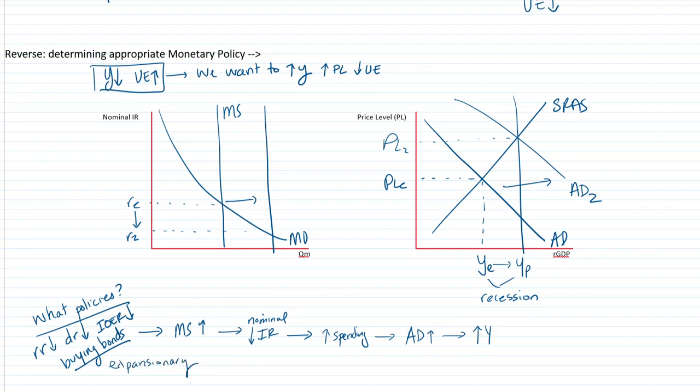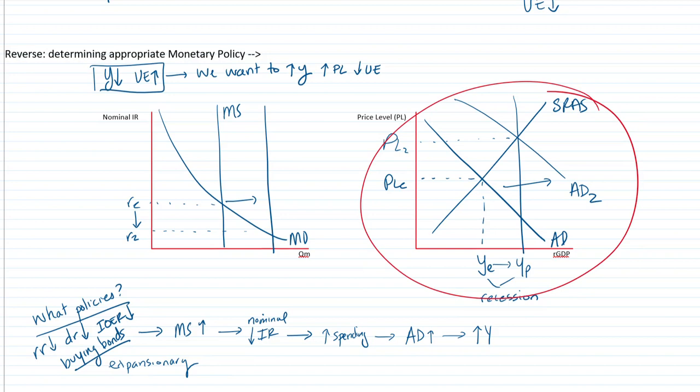And so sometimes our questions are going to come, and really the way the Fed is working is they are actually going to be starting on this side of the economy and setting a goal for the economy and then working their way backwards to determine what policies are going to accomplish that goal. Or as we have it phrased up here, what's the appropriate monetary policy given the economic situation we're facing?